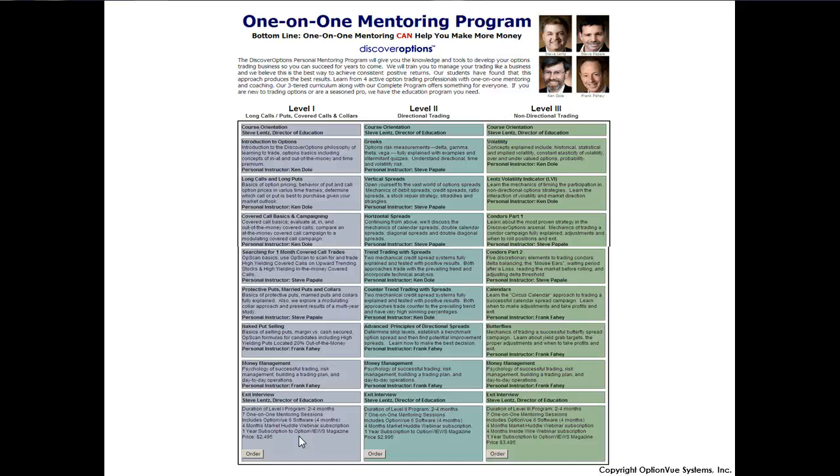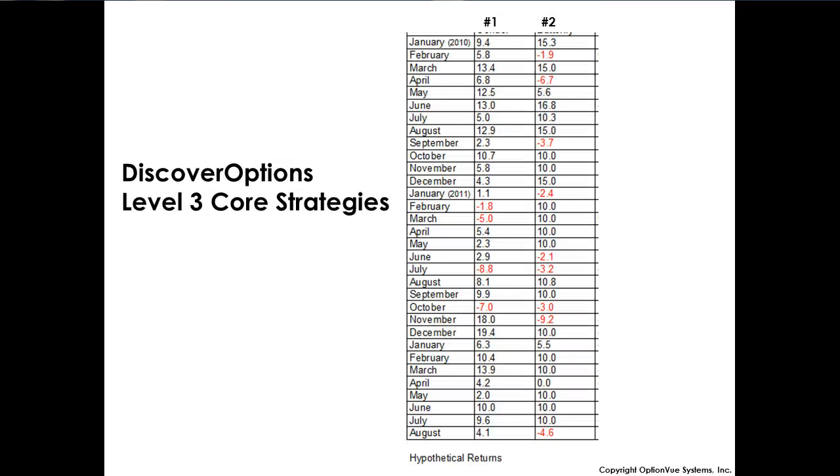Now, amongst those strategies in level 3, I'm showing you here a table of the monthly yield levels that we have on an ongoing basis. Every month I get together with our students and we go over the rules and how well those trading rules would have done in that month. We have a hypothetical account that we trade, and we adhere strictly to the same rules every month. Every student varies a little bit in the way that they apply the principles and the rules.